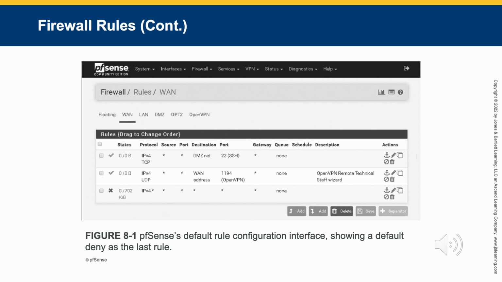If it doesn't meet that, it goes to the next rule and looks for UDP traffic on the WAN address on port 1194. If it doesn't meet that, it gets to the last option, which is deny all, and puts that traffic in the bit bucket and will not pass.